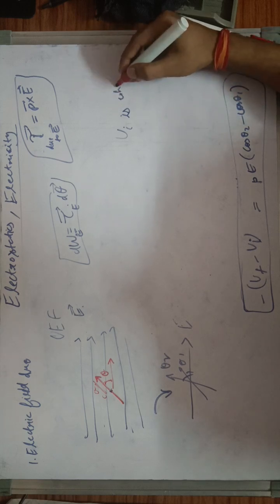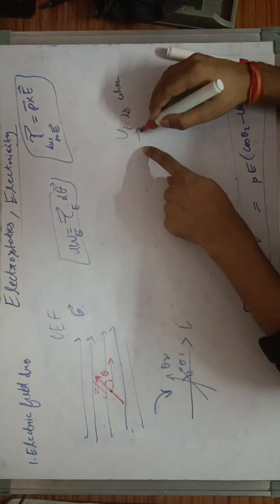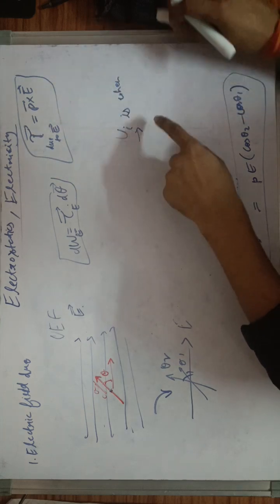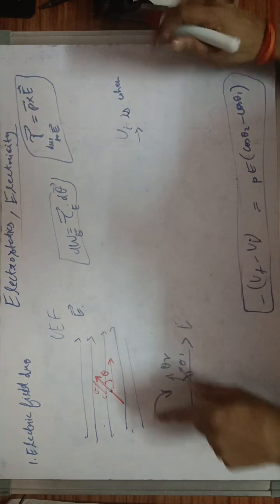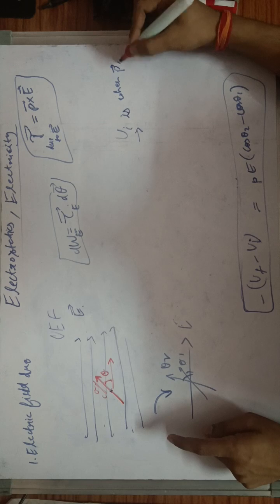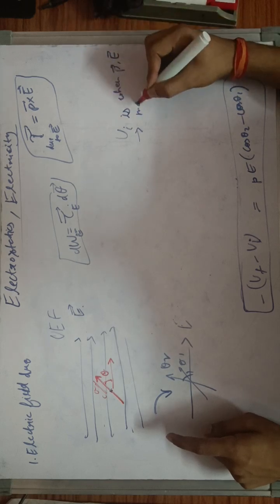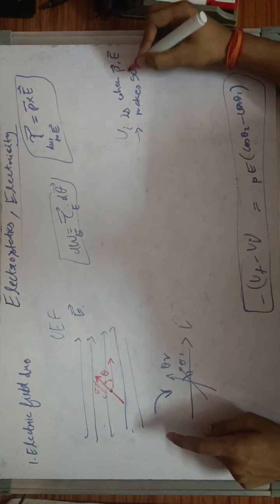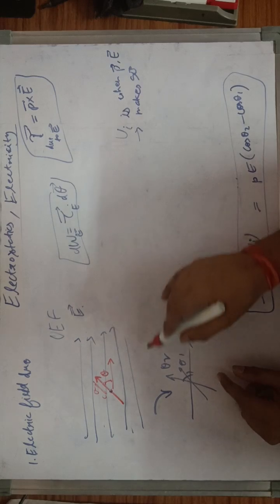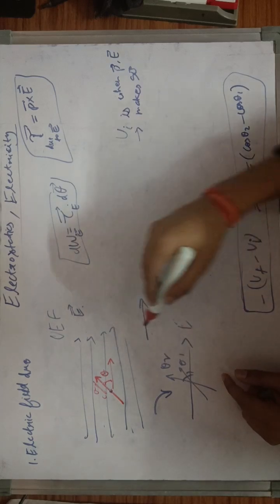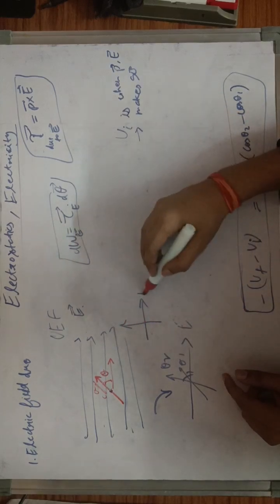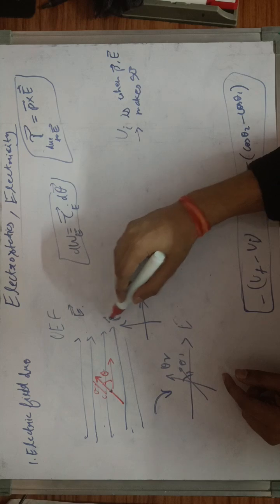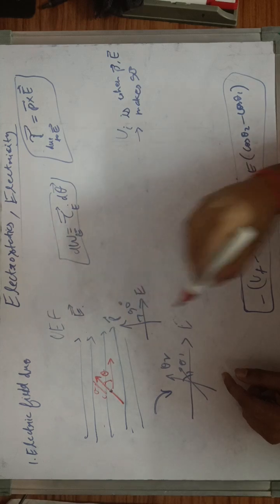I am taking this U initial as the reference state, and this reference state is the case when P and E make a 90-degree angle with each other.